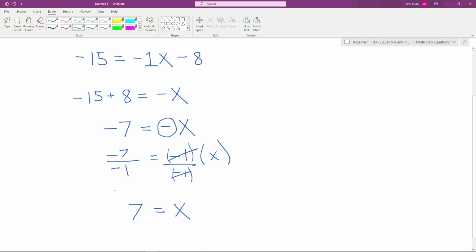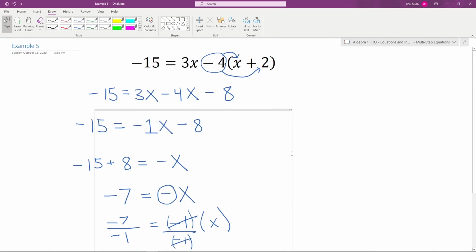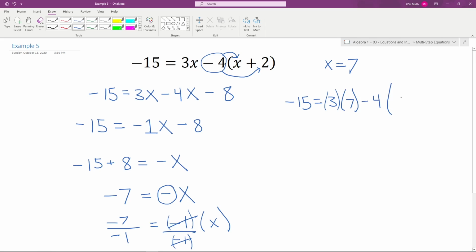And so we go back up here and we're going to check our answer. So we said x is 7. So we have negative 15 equals 3 times 7 minus 4, parentheses x, which is 7, plus 2. Now we just evaluate. So negative 15 equals, so this right side better equal negative 15, right?